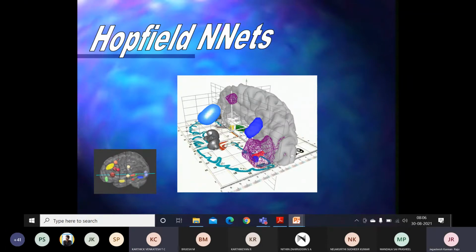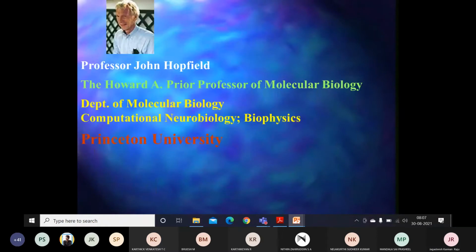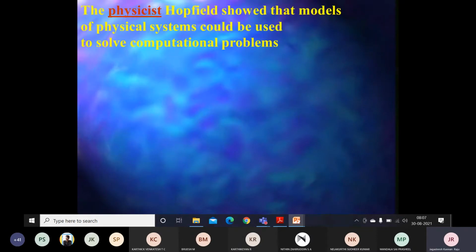Okay, thank you. So the next part, the last topic of module 2, is the Hopfield network. The Hopfield network was introduced by Professor John Hopfield, a professor at Princeton University in the Department of Microbiology, who works in the domain of computational neurobiology and biophysics applications.